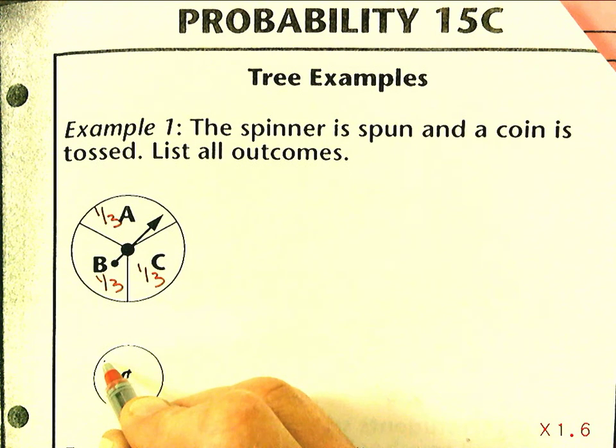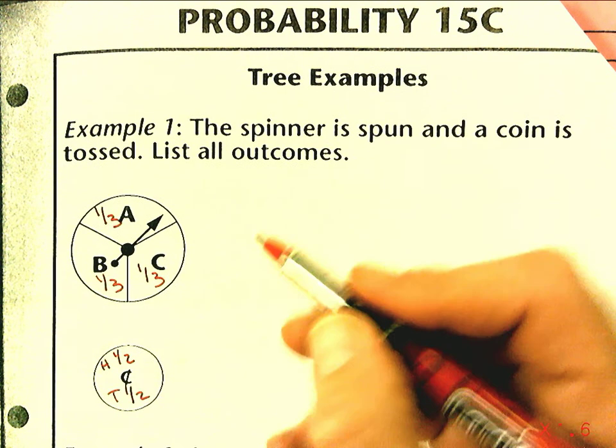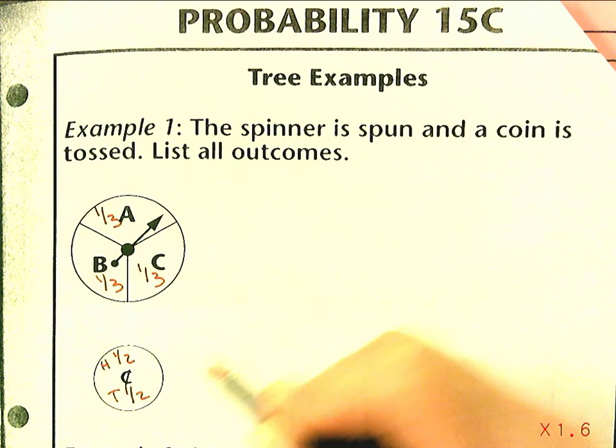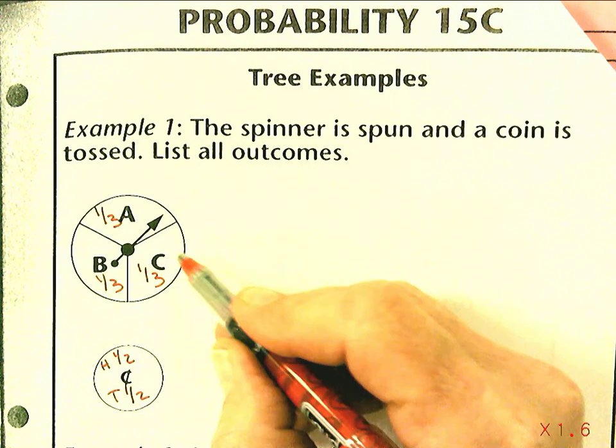And so you have to think of the heads as half of the time, and the tails as the other half of the time. So heads or tails, two possible outcomes, and an equal chance of getting either one. So if we think about doing each event separately, and then the probability of combinations that we can get and listing outcomes, think of the first event as spinning the spinner.